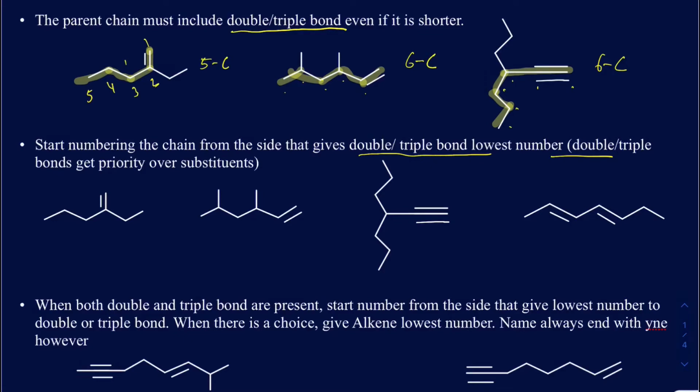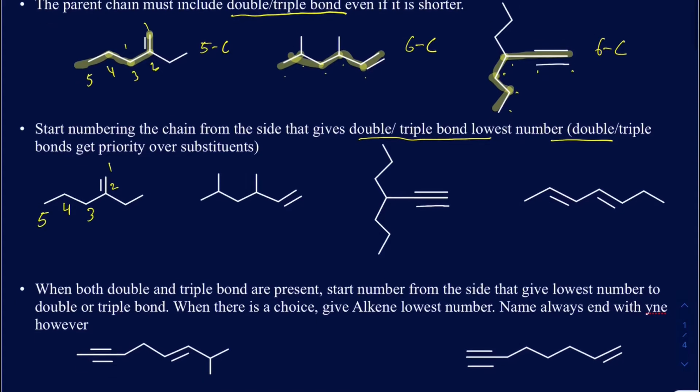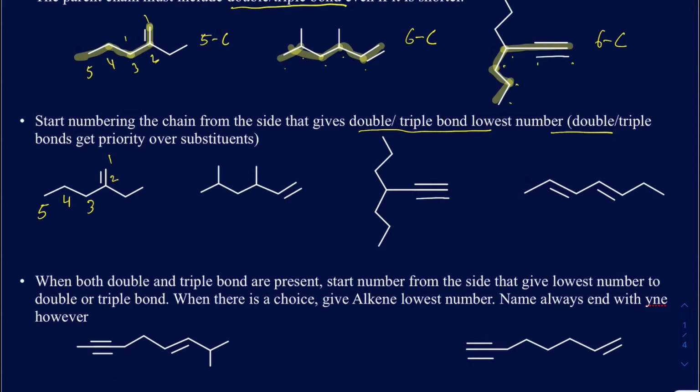Your double bond or triple bond gets priority over that. So in the first case, this is 1, this is 2, that's 3, 4, and 5. Then I can clearly see I have a substituent on the second carbon, and that one is going to be the ethyl. So you want to make sure you keep track of your substituents as well.